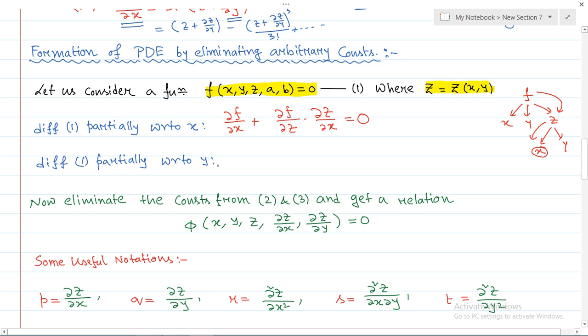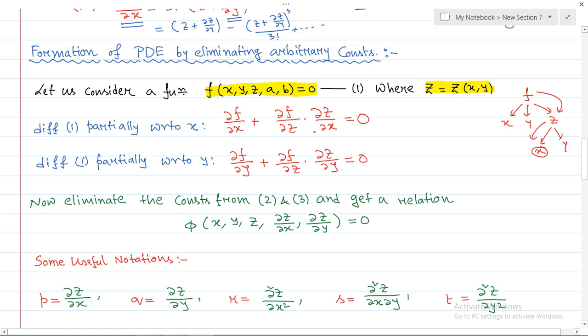Similarly, if we differentiate 1 partially with respect to y, the same scenario happens. The function f directly depends on y, so we can write ∂f/∂y, but it is not completed. We have some more terms, because f depends on z and z depends on y, so we write ∂f/∂z into ∂z/∂y, equals 0.